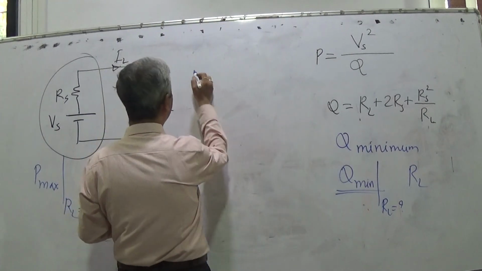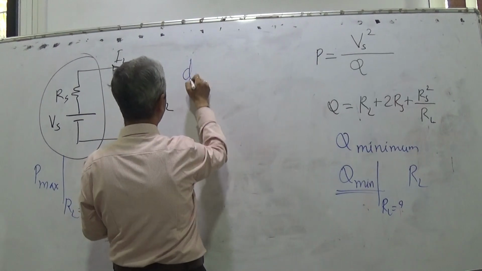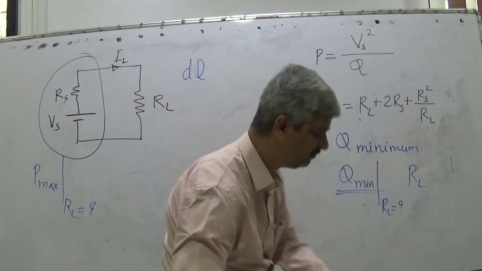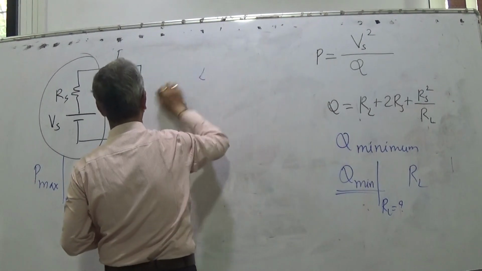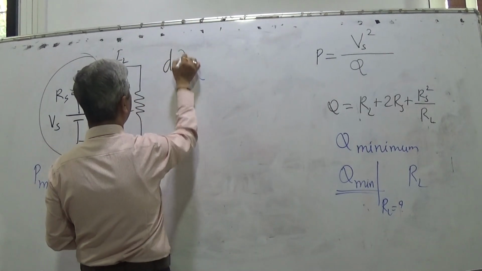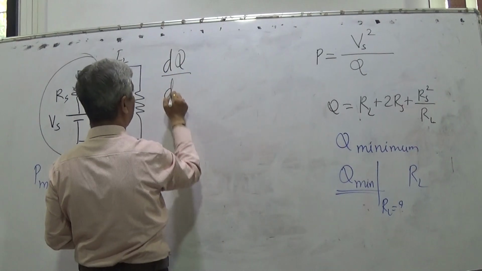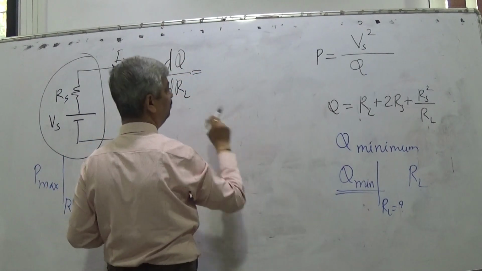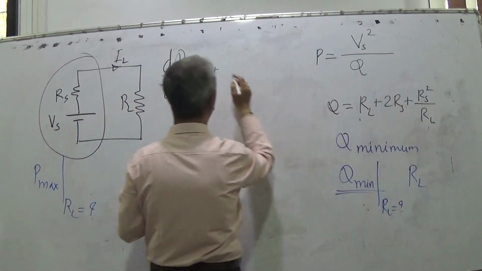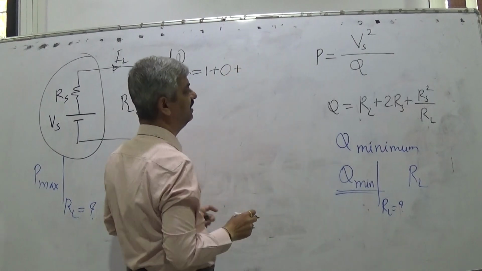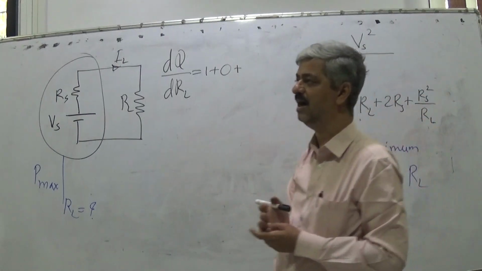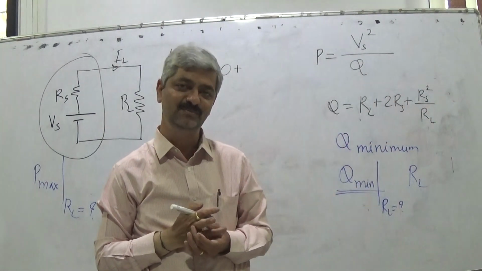So dQ by dRL is equal to, this is 1 plus its derivative 0, plus RS square upon RL. So what would be its derivative?